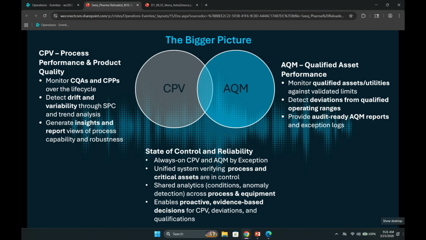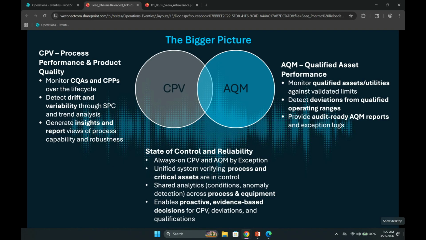And so this brings us to a state of always on CPV. We're constantly monitoring our process, understanding is there any drift, detecting that very early on before we're actually on our way out of control. And then AQM by exception, where we're monitoring our assets in real time, understanding that they are in a qualified state, and then knowing immediately when those exceptions occur. Bringing this into one unified system, really verifying our process and critical assets are in control, is a huge advantage.